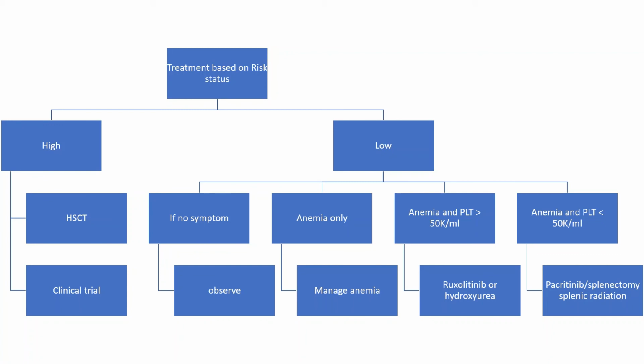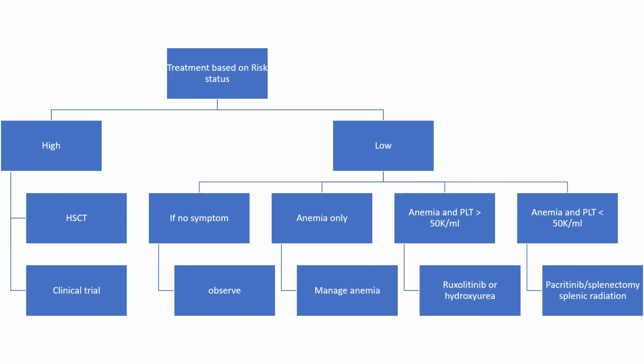Treatment-wise, it's based on the presence of prognostic factors, which is the risk stratification. When patients have prognostic signs, they are high-risk patients. They need hematopoietic stem cell transplantation if they are fit for that. If not, clinical trials. And for those who are low risk, if they don't have symptoms, just observation.